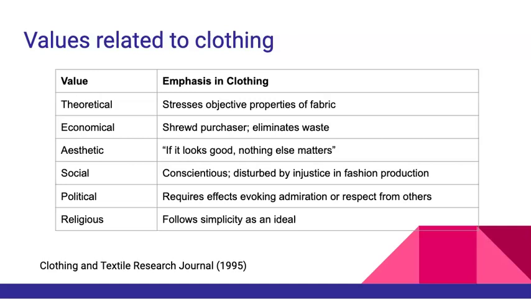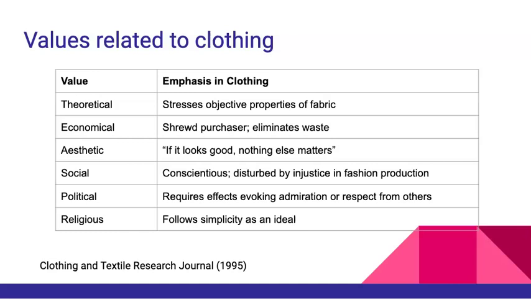It's made out of renewable resources, things like that. There's the economical value where a consumer is maybe more thrifty, or they're looking at reducing waste. The aesthetic, if it looks good, nothing else matters, is sort of how that value is espoused in clothing.